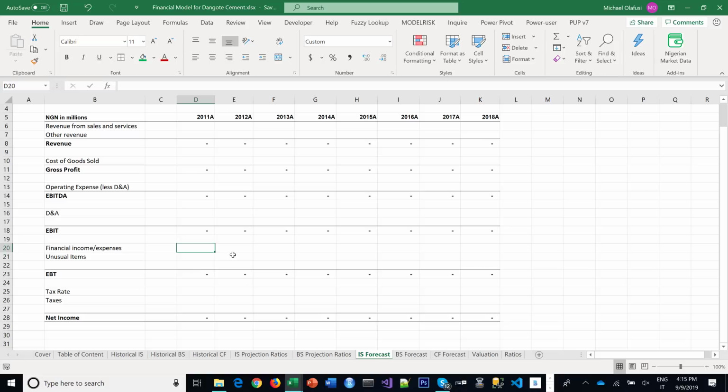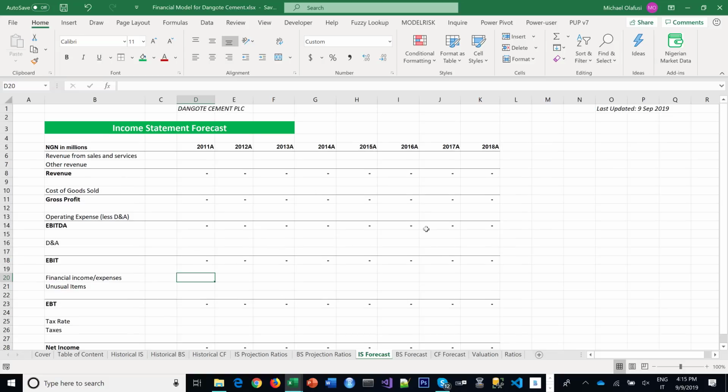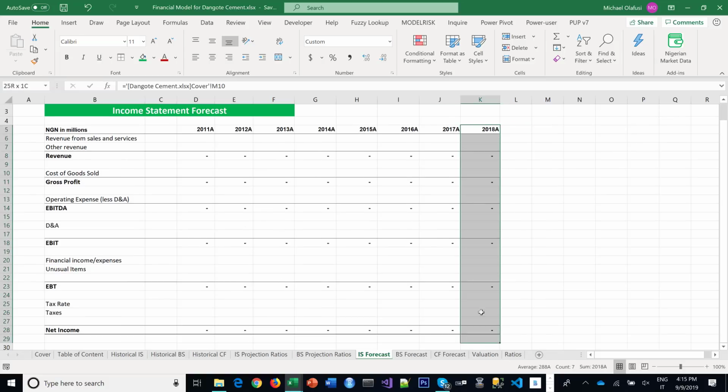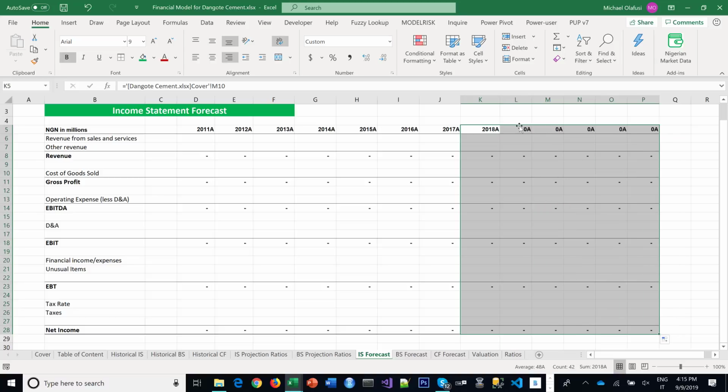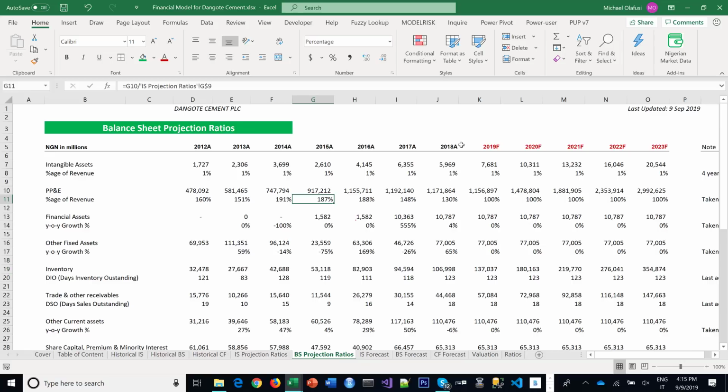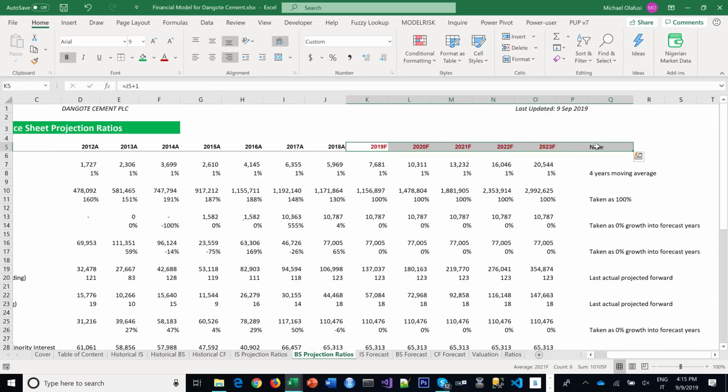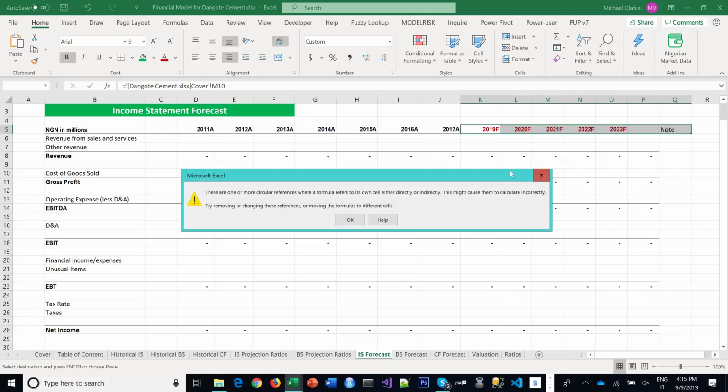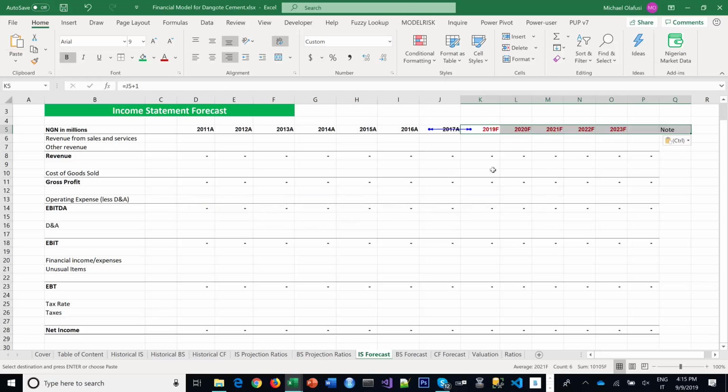Okay, so great. And then for the future years, to make my life easy, I'm going to drag all of this 5 years forward. Let's see, this is 5 years forward, I guess. And then I can copy the way I did this, paste here. It's complaining something is referencing something else. Let me undo that.